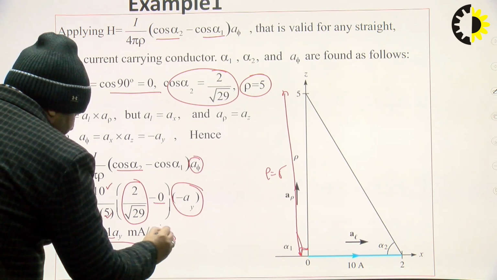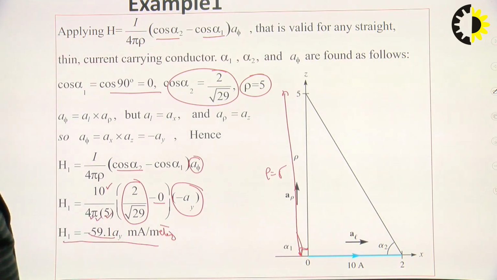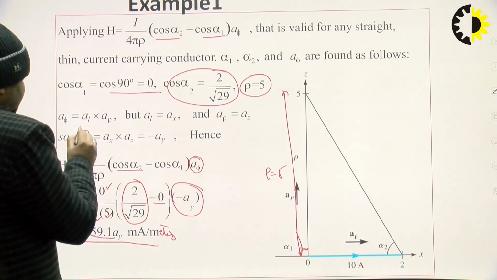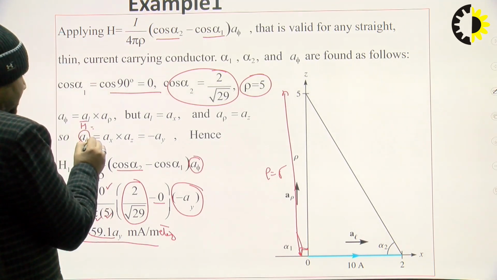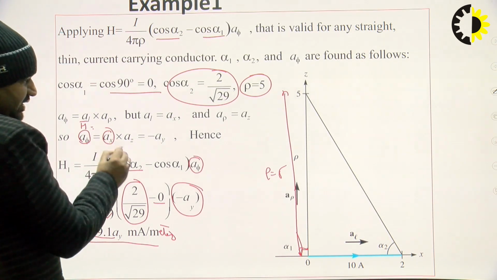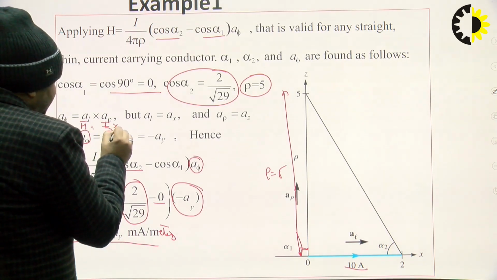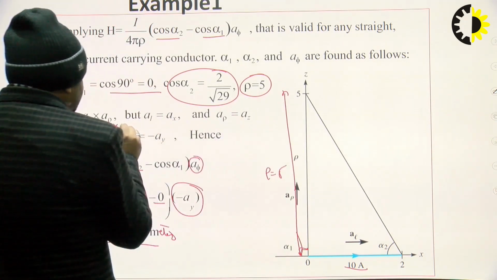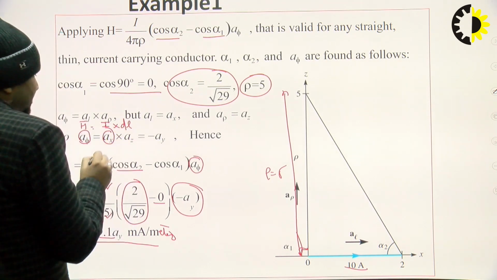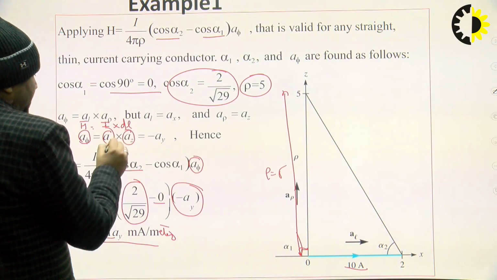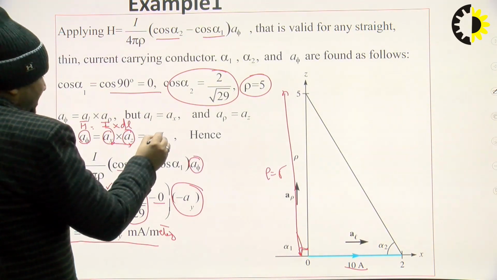Milliampere per meter. So we easily calculate the magnetic field intensity in that particular system, because a phi is defined and H is defined here. The ax is defined in the direction of current I, and dl is defined, so the direction is I cross dl. The other direction is az. So ax cross az is equal to minus ay.